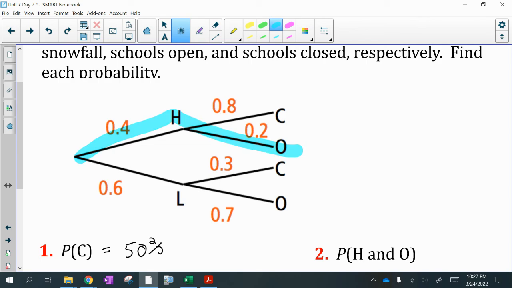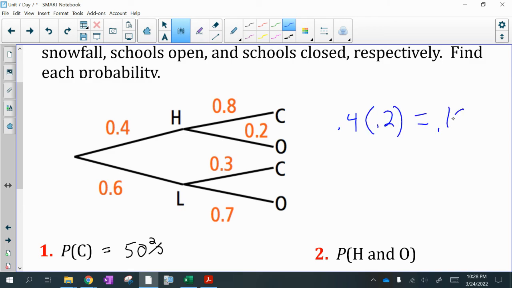So I'm now going to be looking at 0.4 times 0.2, which is going to get me 0.16, or let's see, we've got that H and O. Oh, sorry, that's not right. That's 0.08, or an 8% chance of heavy snowfall, and yet the school remains open.